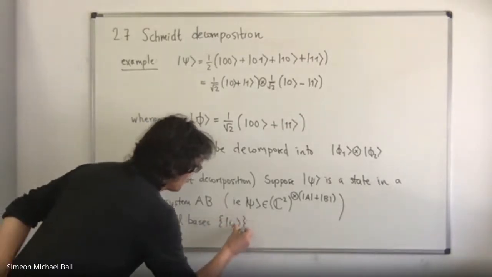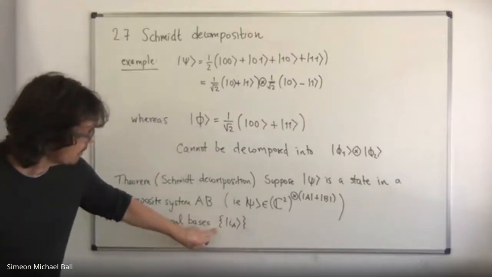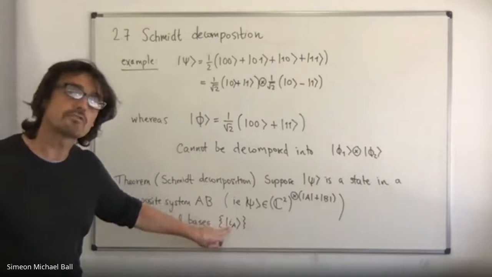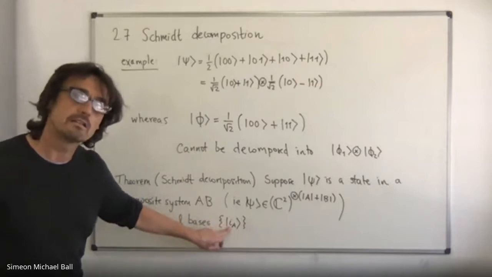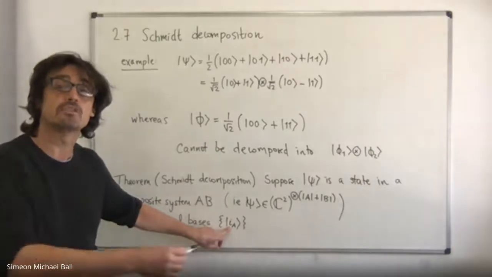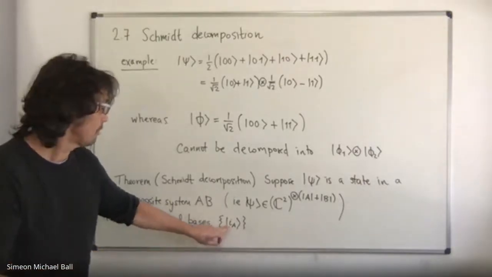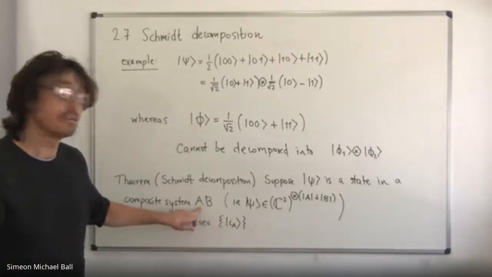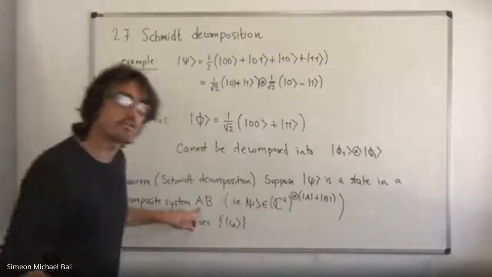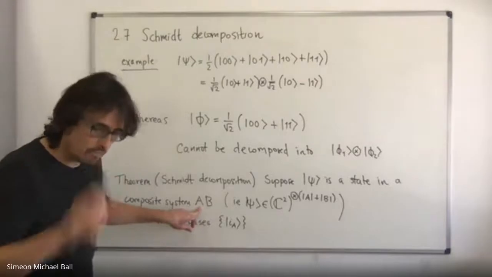Recall that when I put this, I don't mean the singleton set. I automatically mean that i runs through some index set which has size the dimension of the system A. The dimension of the system A is 2 raised to the power of the size of A. We'll come back to that in a minute.